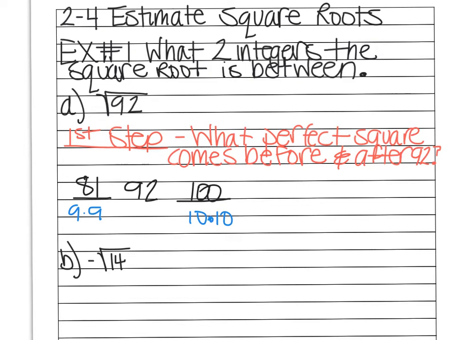So it wants the square root of 81 and the square root of 100. So those two numbers would be the 9 and the 10. Let's look at the next one.